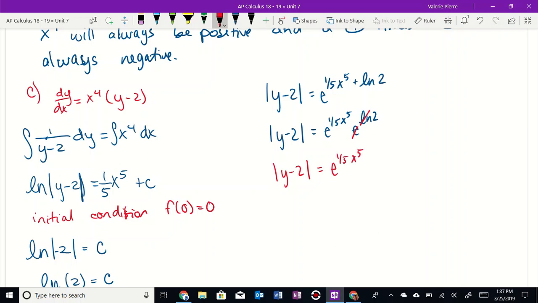And to solve this, solving an absolute value means that we have two possible options. So we either have y minus 2 equals e to the 1/5 x to the fifth, or we have y minus 2 equals negative e to the 1/5 x to the fifth.